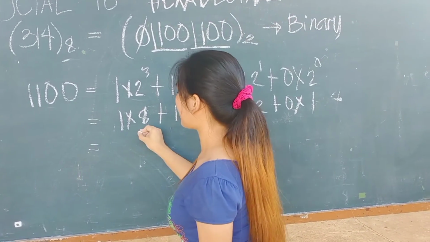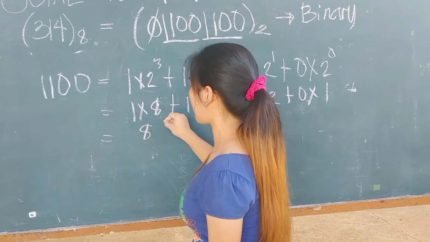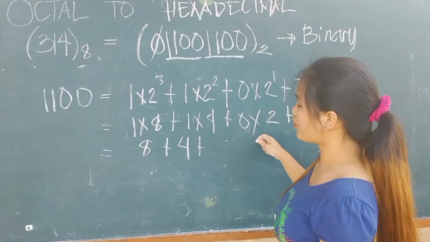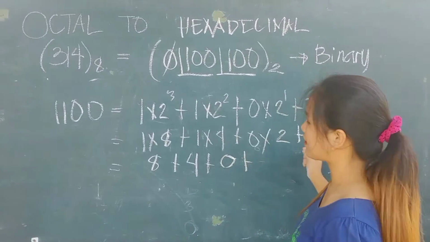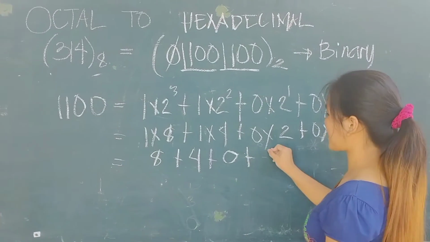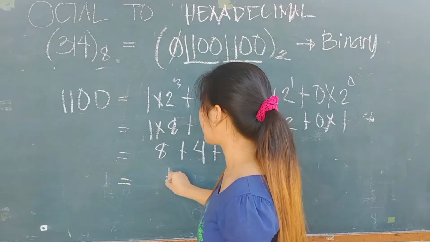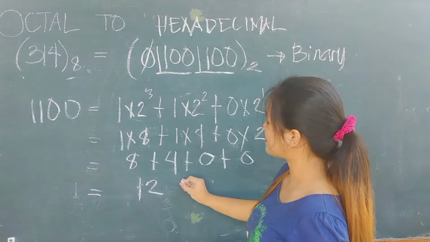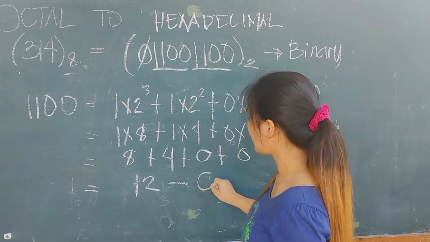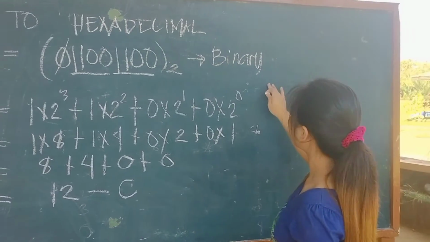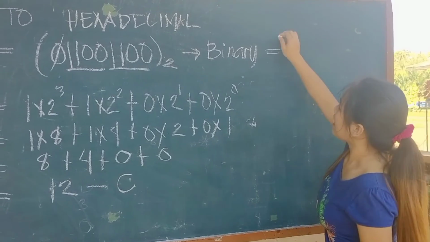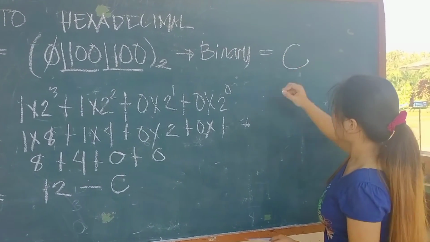So 1 times 8 is 8, plus 1 times 4 is 4, plus 0 times 2 is 0, plus 0 times 1 is 0. 8 plus 4 is equal to 12, and 12 in hexadecimal is equivalent to letter C. So we put a letter C here, the final answer for the hexadecimal, letter C.